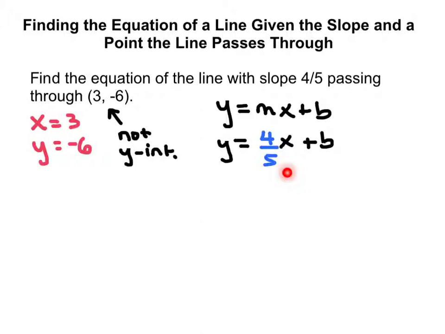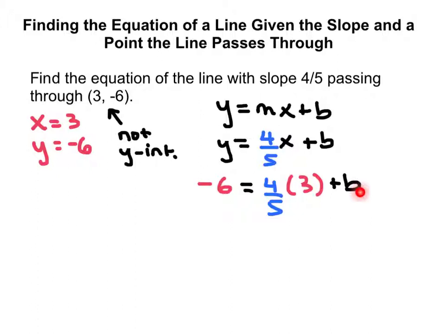So the next thing you'd like to do is plug in x equals 3 where you see x, and y equals -6 where you see y. This will leave us with an equation that only has one variable, b, which is what we want to determine.